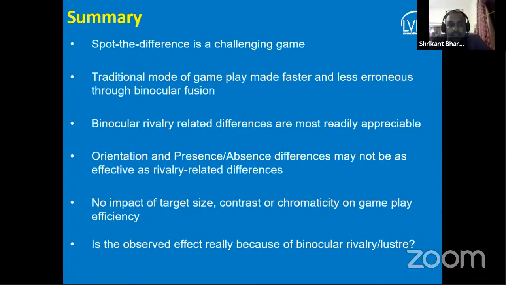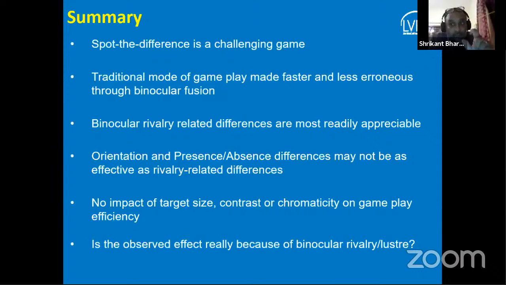Orientation and the other differences, presence or absence, do not really have as strong of an effect as the polarity one. And again, the impact of the fusion mode of gameplay continues to remain irrespective of target size, contrast, or the chromaticity.